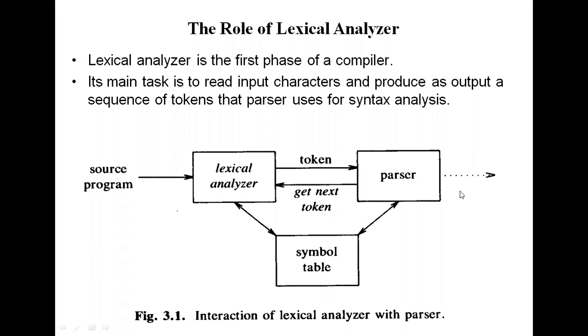The parser produces an abstract syntax tree, a hierarchical structure, which we can also call a parse tree. But here our concept is the role of the lexical analyzer, so we need to learn about the lexical analyzer, and how its internal functionality is done, by seeing this structure.